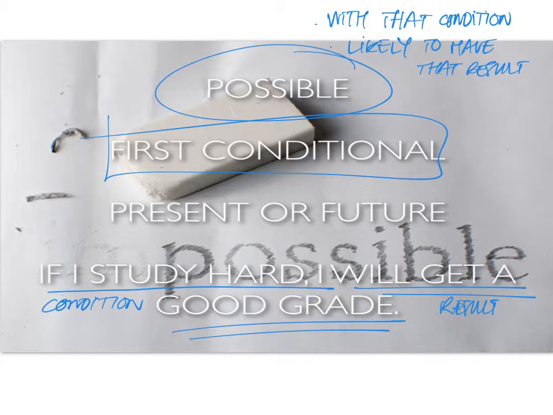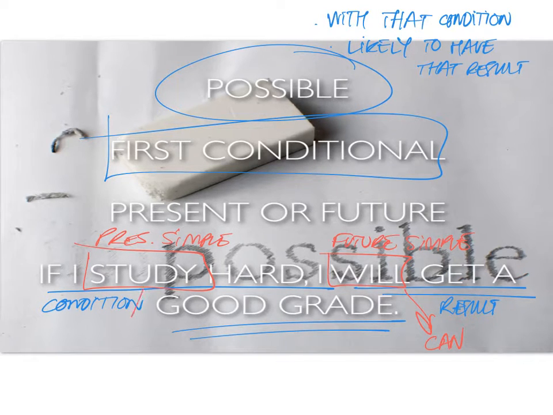If you look at the structure, you have here present simple, but here you have future simple. Other possibilities are, instead of will, for example, can.